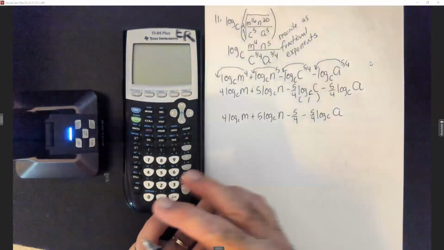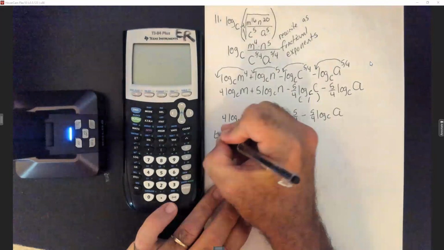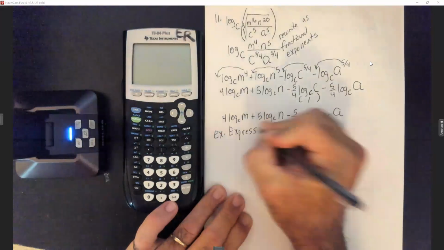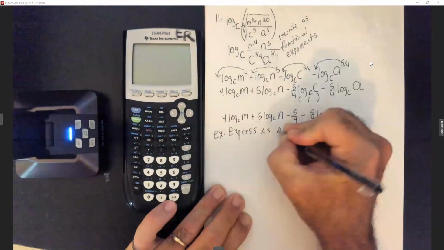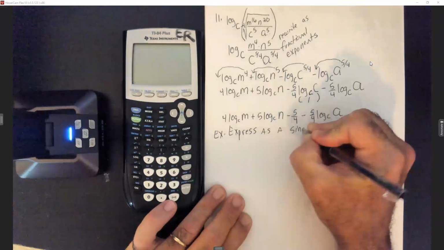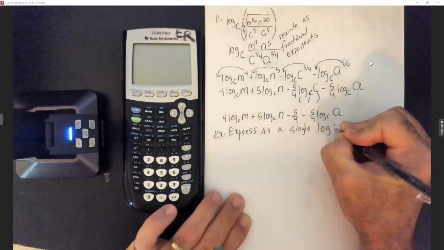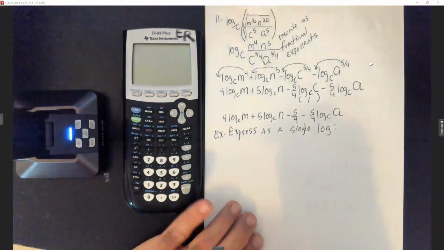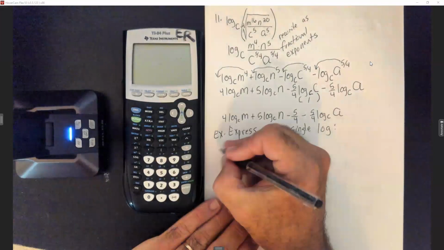All right, so we're ready to go the other way. We're going to express as a single log. So we're going to start out with 2 logarithms or more and rewrite it as a single log, okay? So this one is number 12.